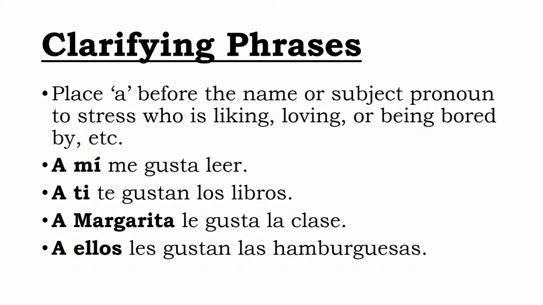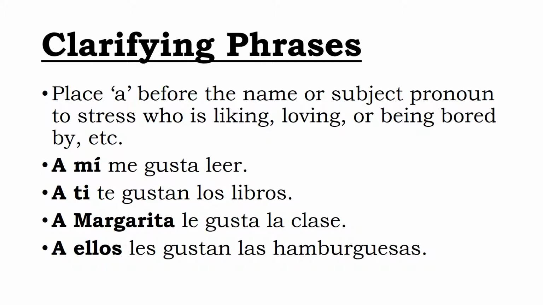My final point with these backward verbs is because we're not using yo, tú, él, ella, usted, etc. as our subject, we're going to use them as kind of clarifying phrases. So the way that we do this with backward verbs is to place a before the name or subject pronoun in order to stress who is liking or loving or being bored by or interested in something.